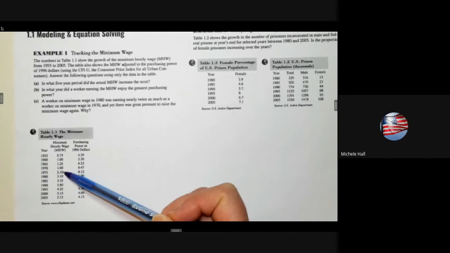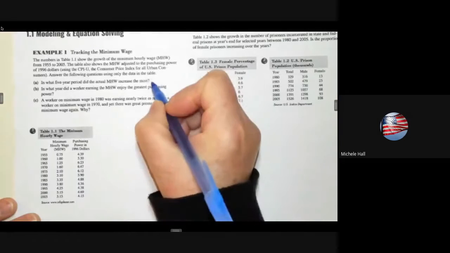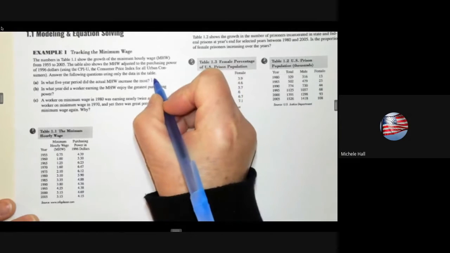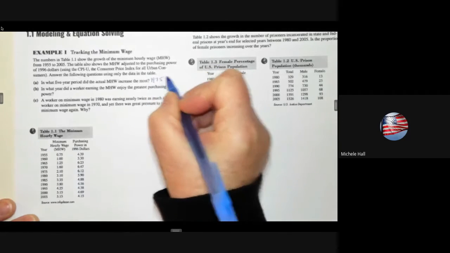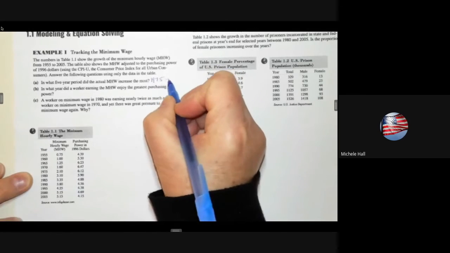I would say from 1975 to 1980 is where it increased the most by $1. So 1975 to 1980.